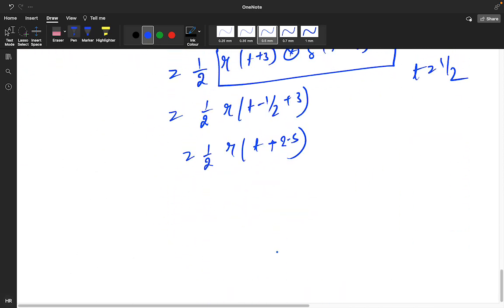Now we have a derivative property. So derivative property, write the derivative property. Fifth one is derivative property.